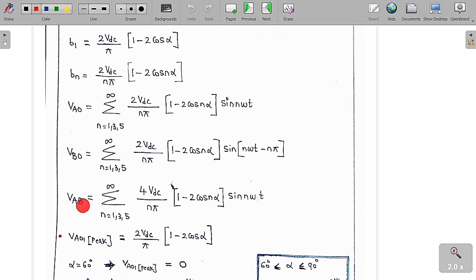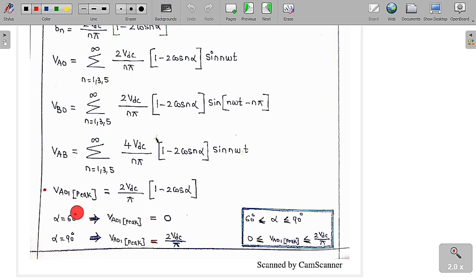So VAB is equal to sigma n is equal to 1, 3, 5 up to infinity 4 VDC by n pi, 1 minus 2 cos n alpha into sin n omega t. The Fourier series coefficients are the same, the only thing is the sin n omega t.